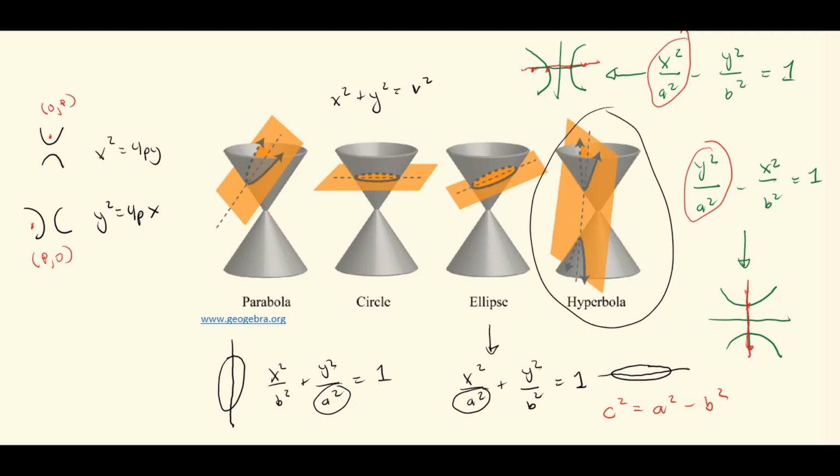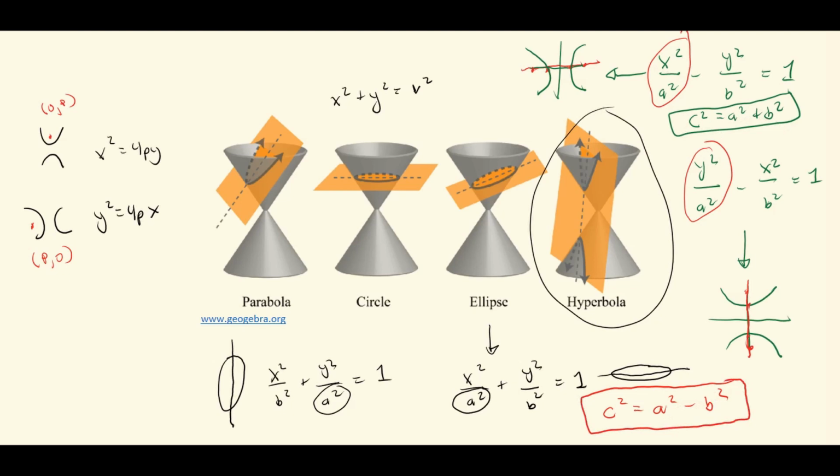And then to find the foci, we would use the equation c squared is equal to a squared plus b squared. So unlike the ellipse, where c squared was the difference of the bigger number minus the smaller number, a squared minus b squared, with the hyperbola it's going to be the sum of a squared and b squared.